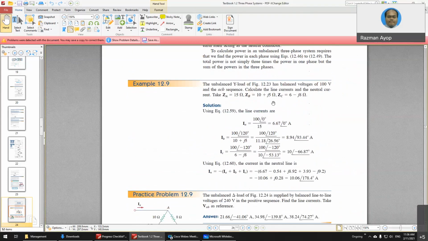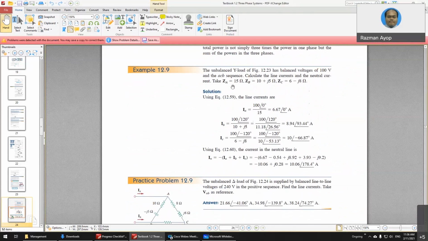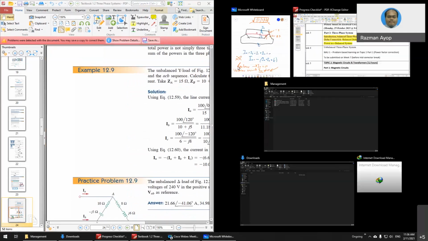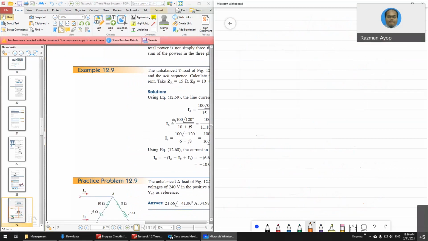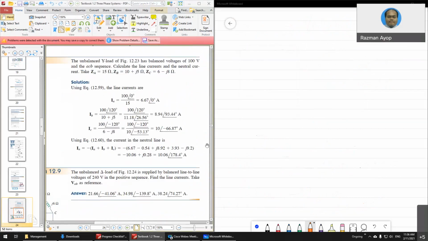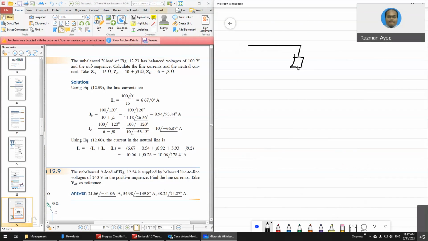Now we move on to how to calculate the unbalanced load. So I take here, for unbalanced load, unbalanced Y load. You have a star load, which means you have something like this. This is the Y load.